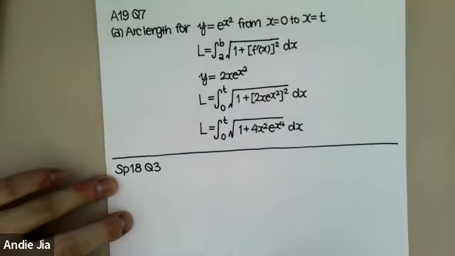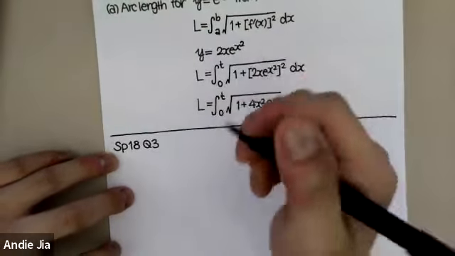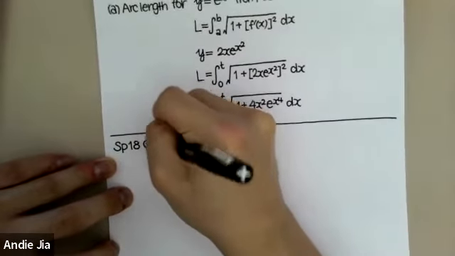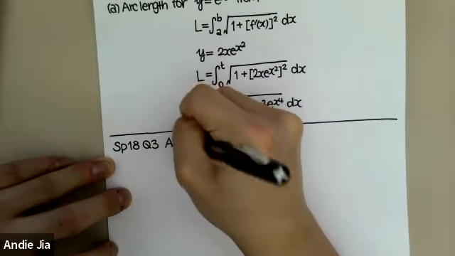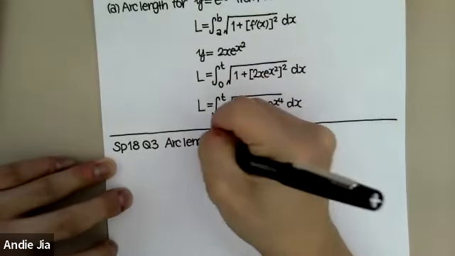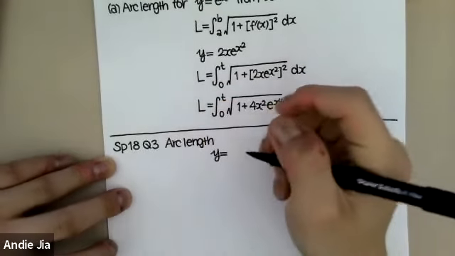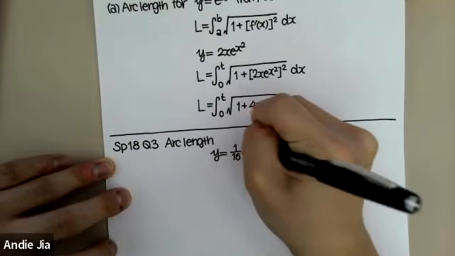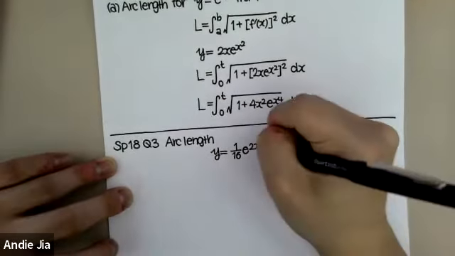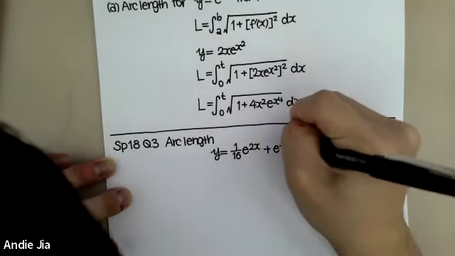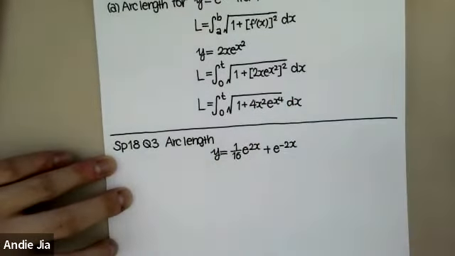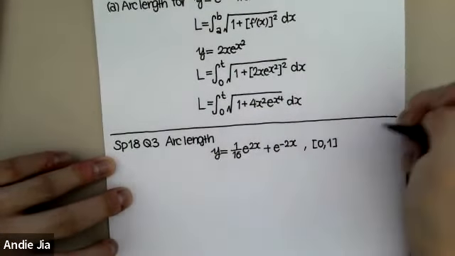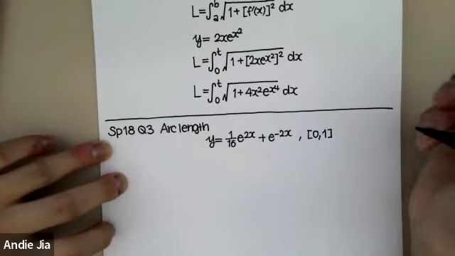For this question, it's arc length for y equals 1/16 times e to the 2x plus e to the negative 2x, over the interval 0 to 1. We want to find the arc length.